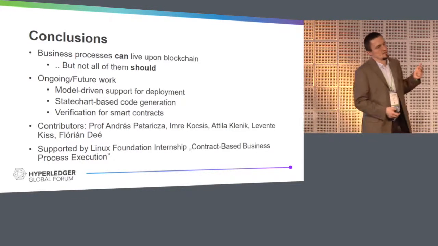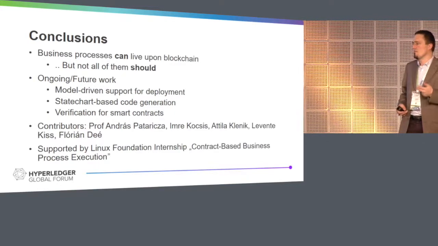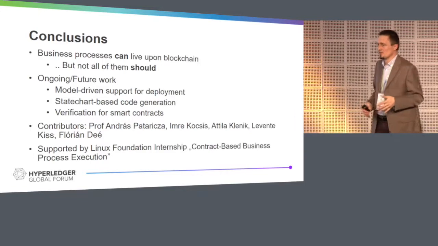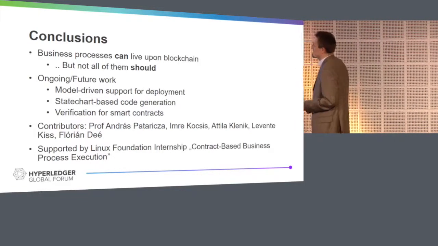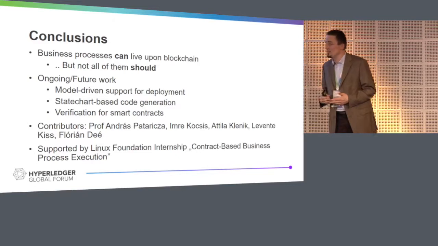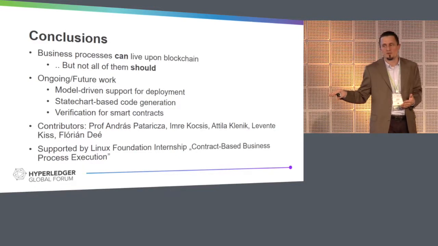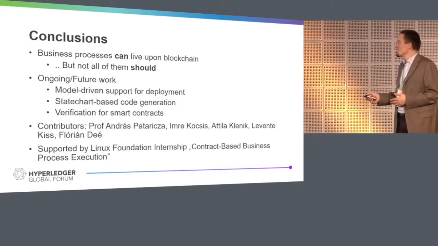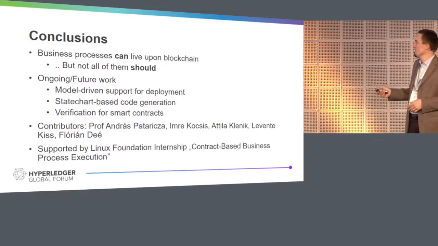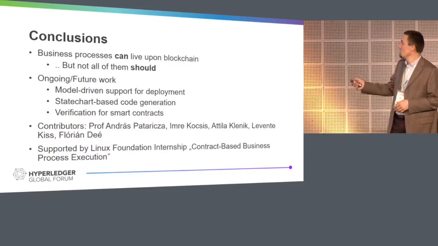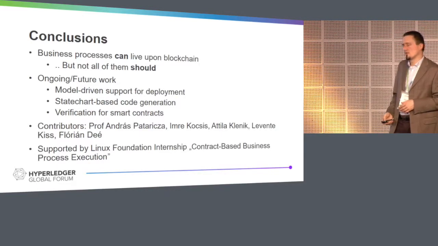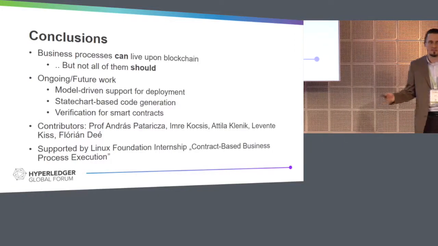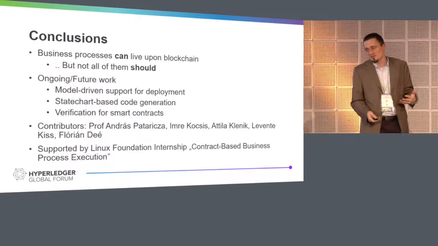Of course, a lot of additional things must be performed in order to have a working application. So all the cryptographic things or the key access and all of the things which are at the configuration level of the blockchain should still be done. This might also be supported to a certain extent by model-driven methods. Also, another possibility is to generate code not only from processes, so from process logic, but also from state chart-based logic or state-based logic.